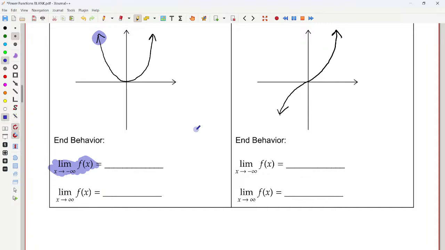We can use the word rises, but in symbols, rising without any ceiling, just going up and up and up, is positive infinity. So the left end of that graph is rising. That's informal. Proper math notation: the limit as x approaches negative infinity is infinity.